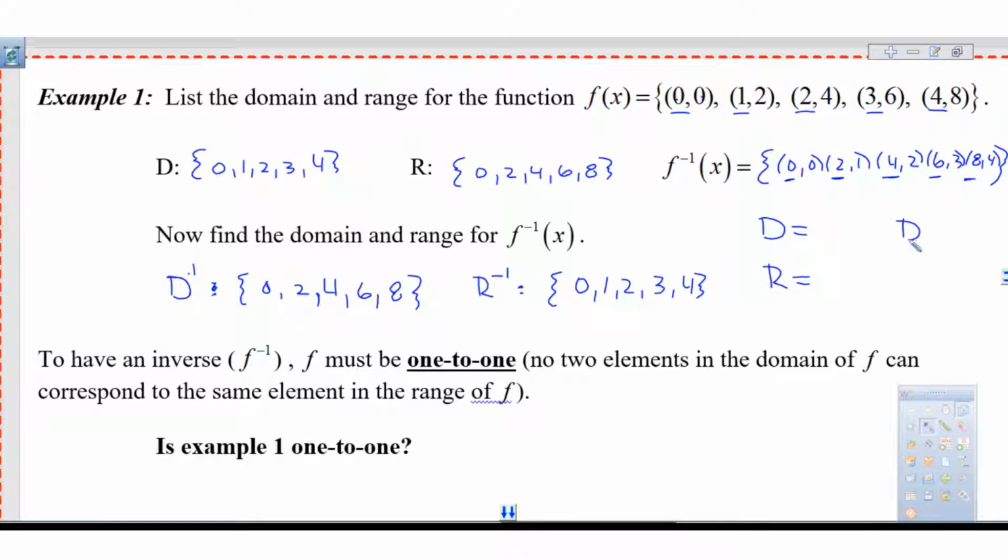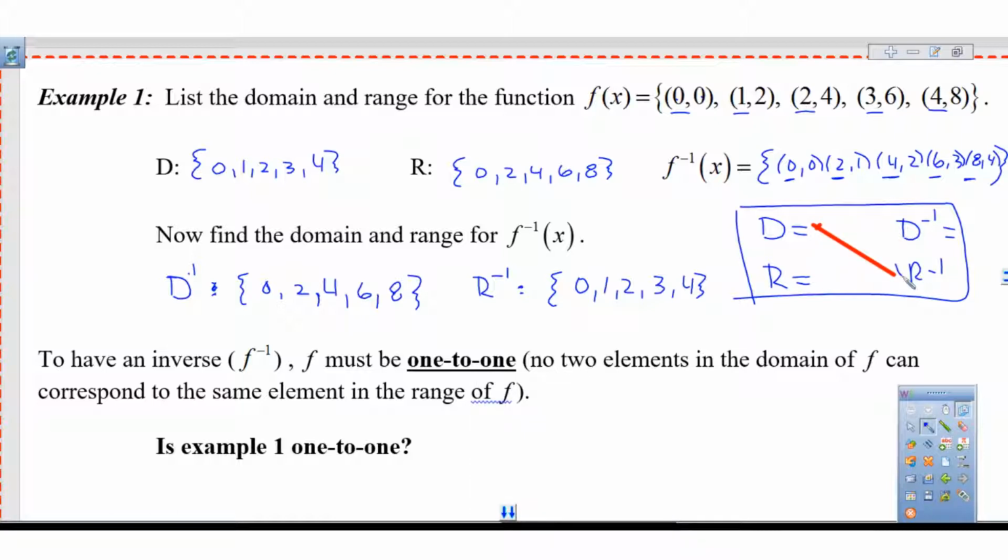People forget this. Domain and range, and domain to the negative first and range to the negative first, will always be switched. The domain of the original function is always exactly the same as the range of the inverse. The range of the original function is always exactly the same as the domain of the inverse. Always. Some people forget that, and then it causes problems.